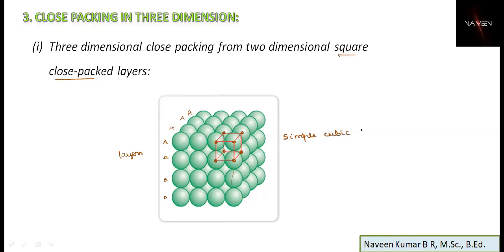Each particle is in contact with 8 of its neighbors and will result in a simple cubic or primitive type of system. So three-dimensional square close packing from the two-dimensional structure results in the formation of a simple cubic or primitive unit system.